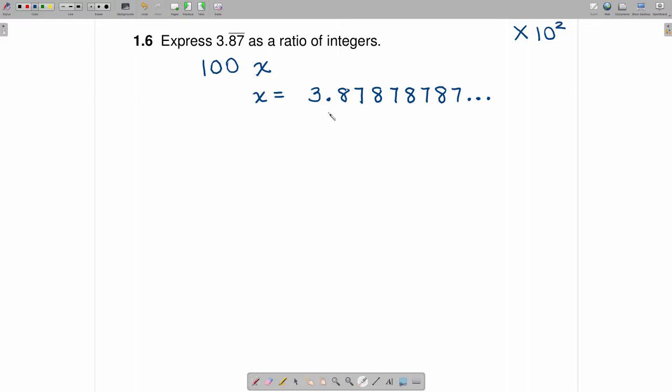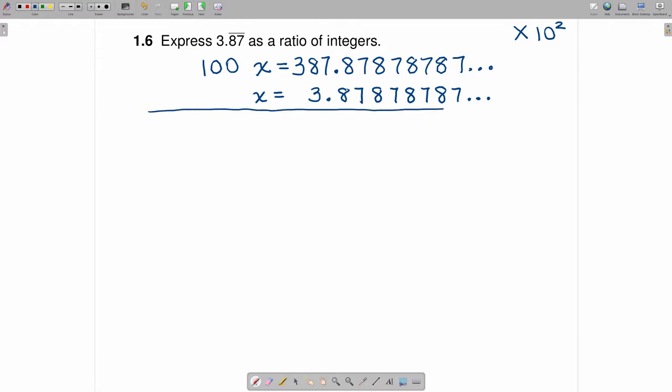And when we multiply the right-hand side of the equation by 100, well, multiplying by 100 is the same as taking this decimal point and moving it over 2. We will get 387.87878787, etc.